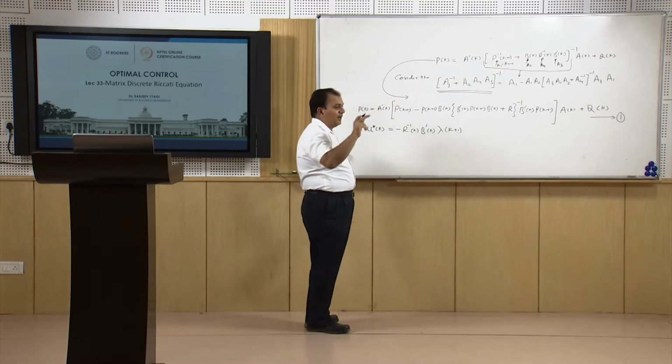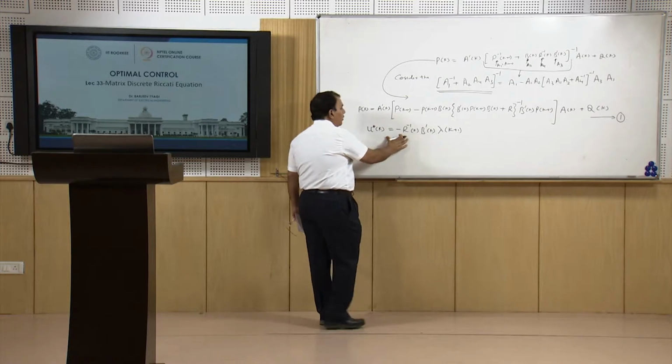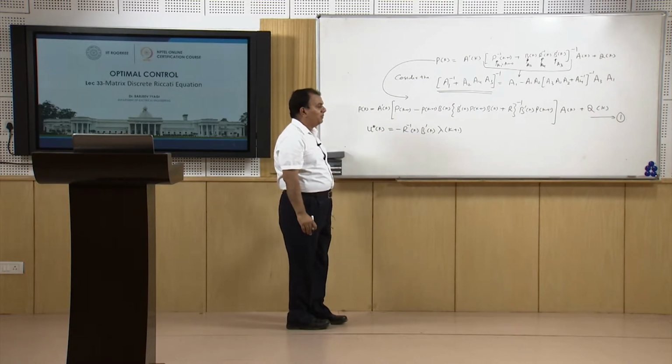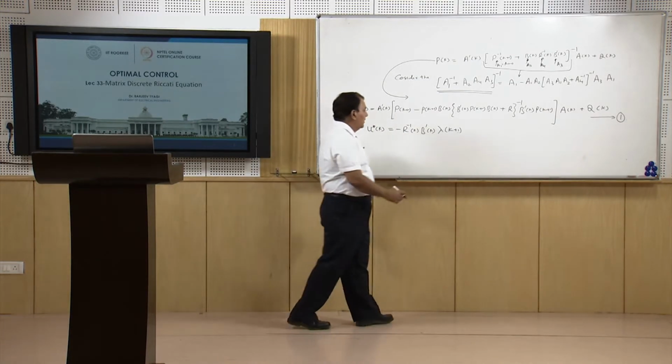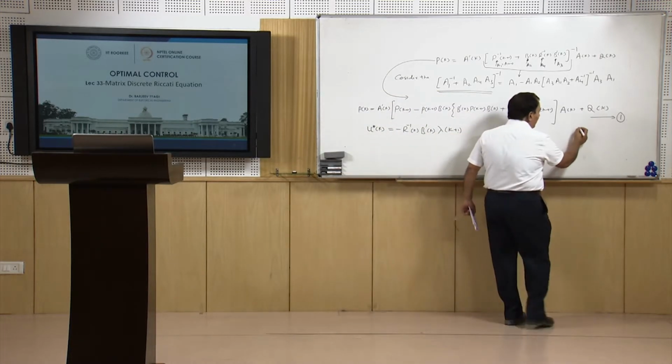If I take ∂H/∂u equal to 0, then I will get the value of my optimal control as R inverse B prime λ(k+1). Here λ(k) is equal to P(k) x(k), which we have considered.